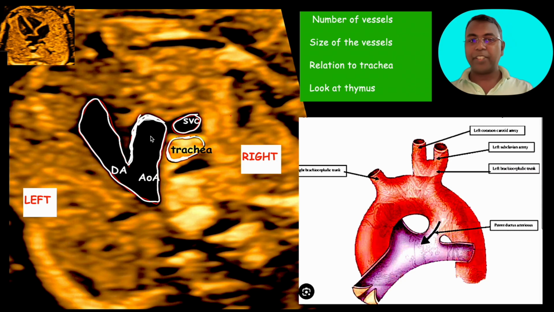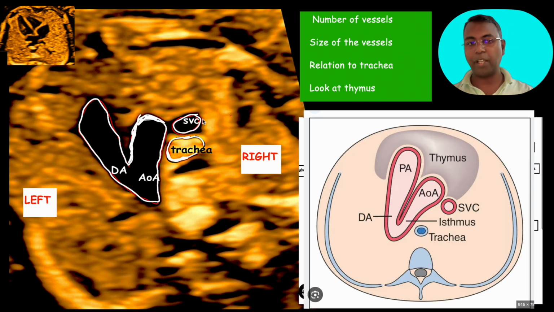One important structure which we usually do not focus on is the thymus. It was described by Professor Ravi Chowdhury a long time back. In this view, we can see that this is the thymus. If we draw the diagram, it would look like this. Now, why do we need to look at the thymus?